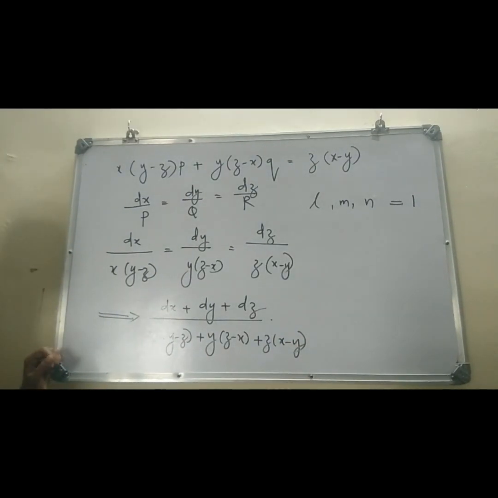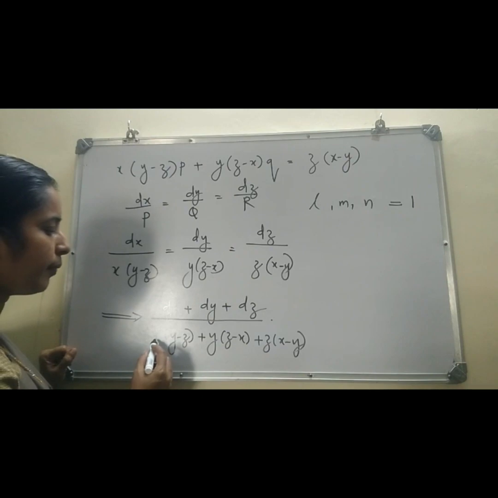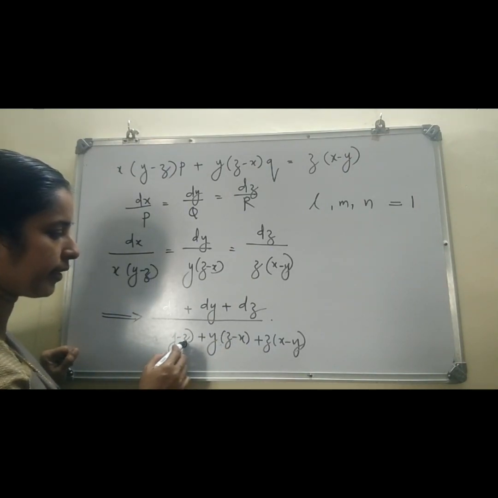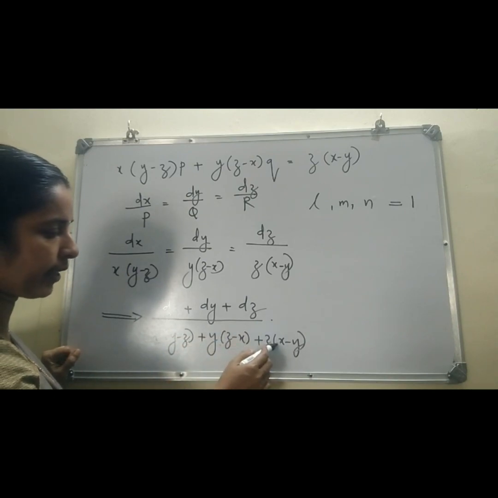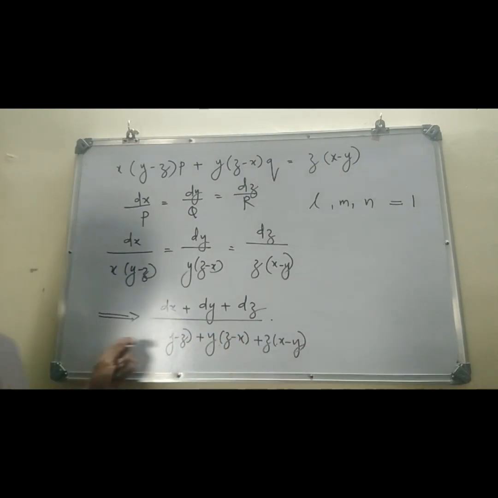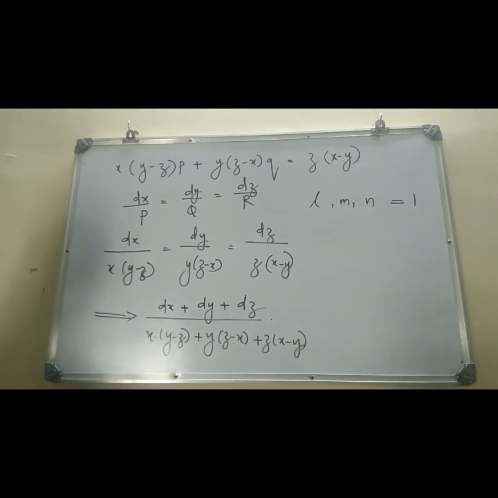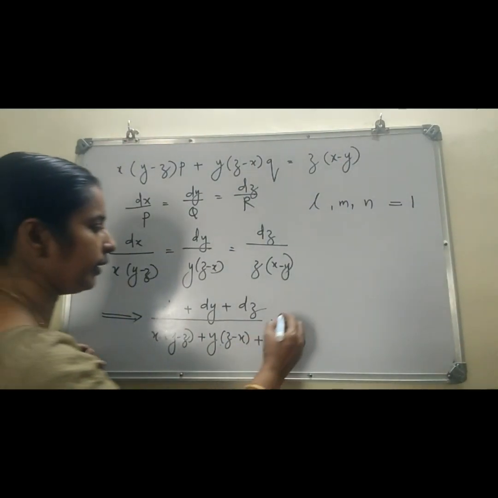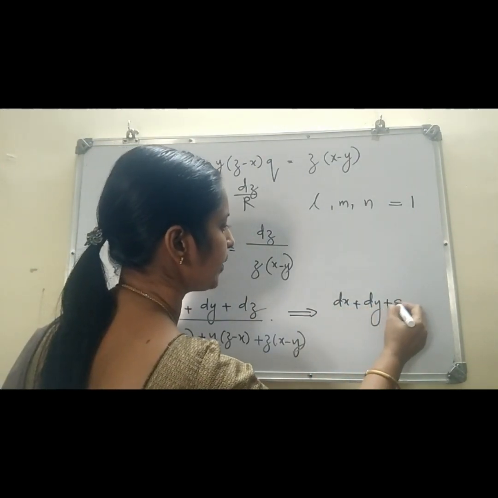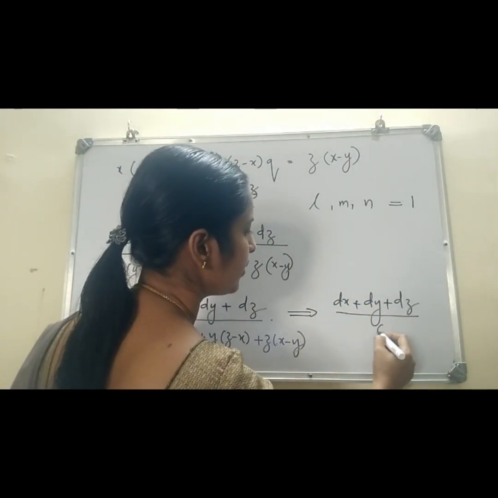Next, you simplify the denominator. You can see this xy cancels with this xy, then minus xz plus this xz. Similarly, you can see all the terms in the denominator will cancel each other. So the denominator is 0, which implies dx plus dy plus dz by 0.